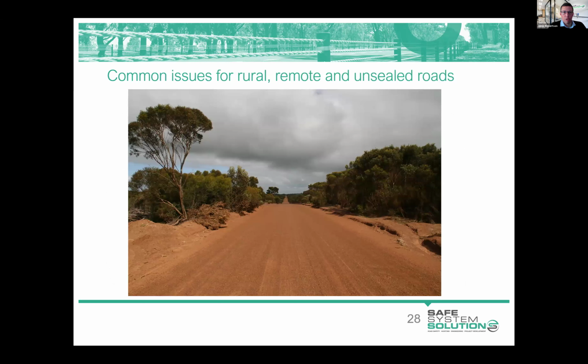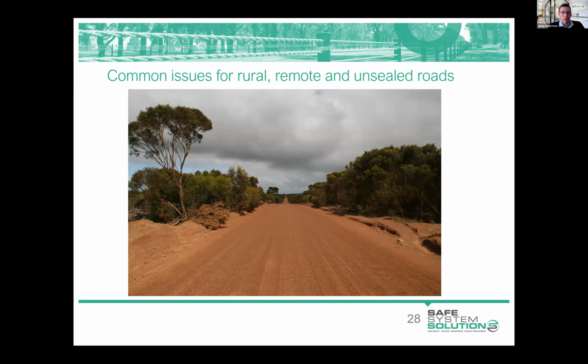I wanted to touch briefly on rural and remote roads, which often don't get a lot of attention because they're really low volume roads, generally unsealed roads like the one that you can see there, but they really are overrepresented in the crash problem.